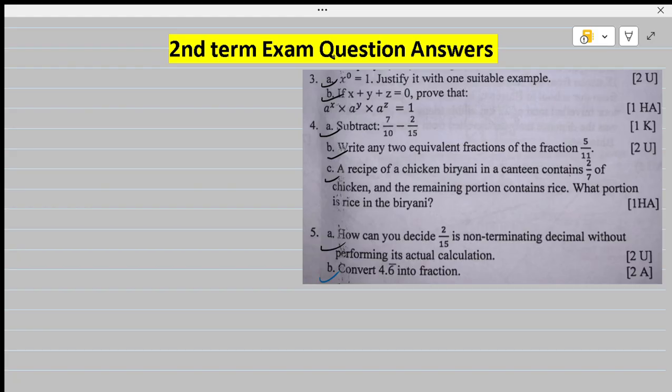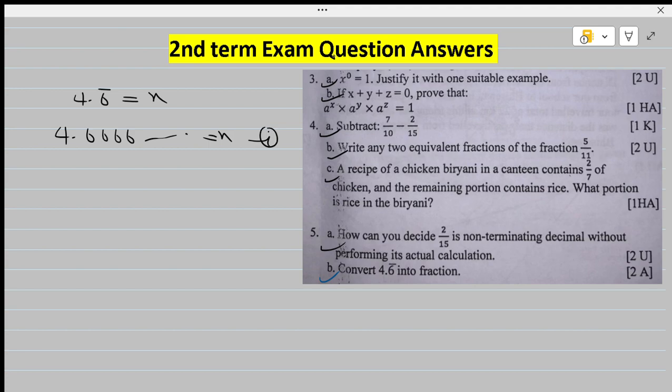In number B, convert 4.6 bar into a fraction. This 4.6 bar, I suppose x, and 4.6 bar means 6 is repeated continuously. So we denote this as equation 1.